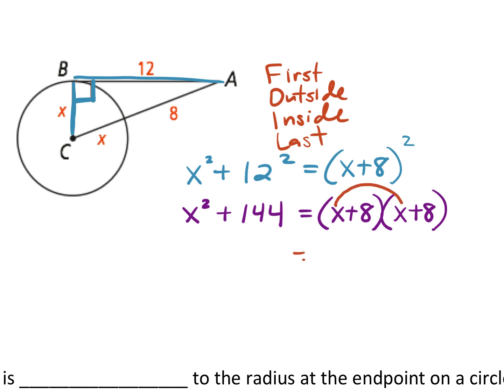So first is the first two of each one. x times x is x squared. Outside is you take the first and the last, the two outside numbers. What do you get? 8x. Then you go inside. What do you get? 8x. And then you go last, which is the 8 and the 8.